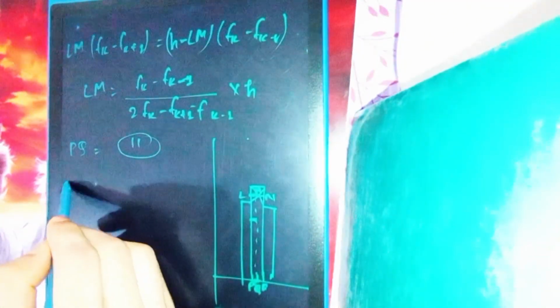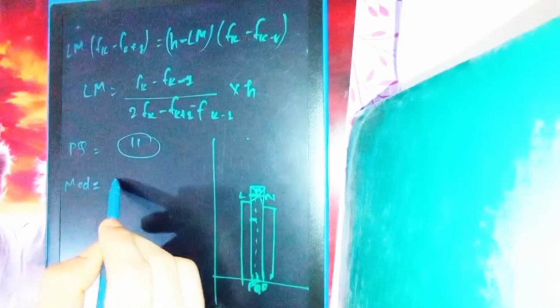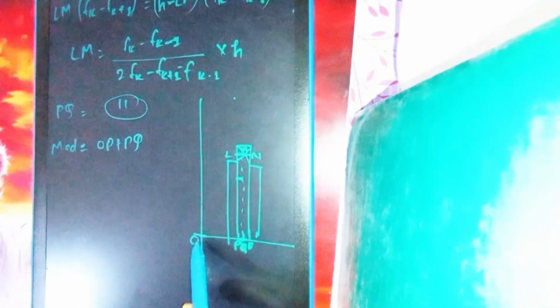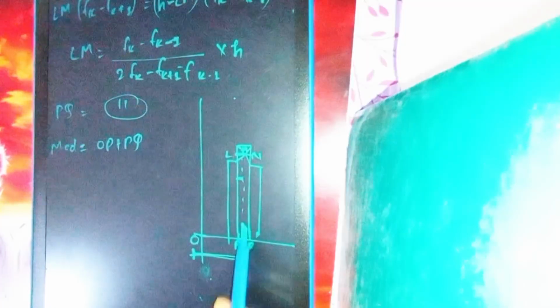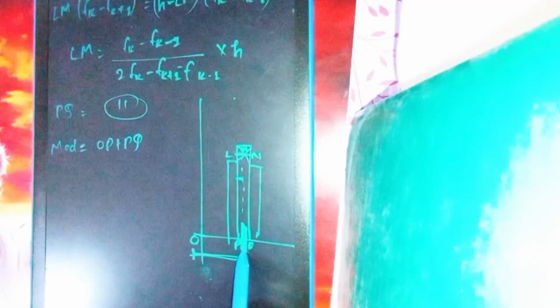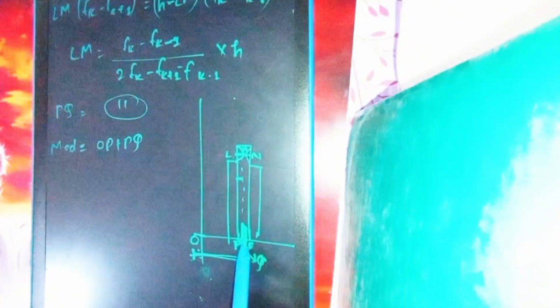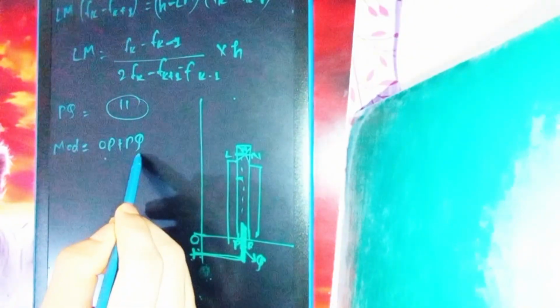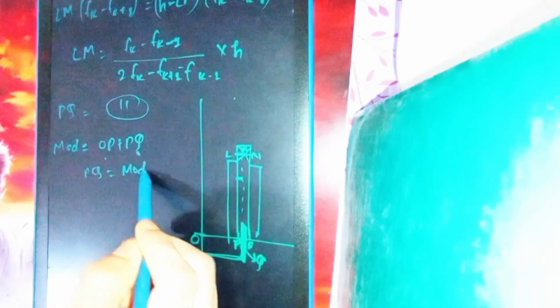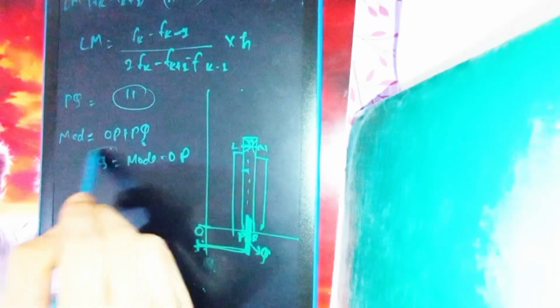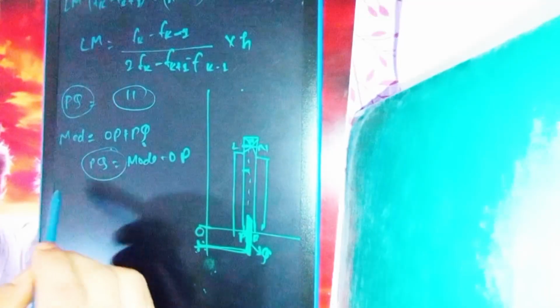But we know the mode. What is mode? The modal value, mode is equal to OP plus PQ. O is here, and the modal value is up here, that is the middle. This middle is Q, so OQ is the modal value, so OQ means OP plus PQ. So from here PQ will be mode minus OP.